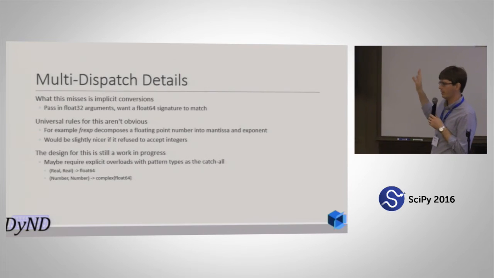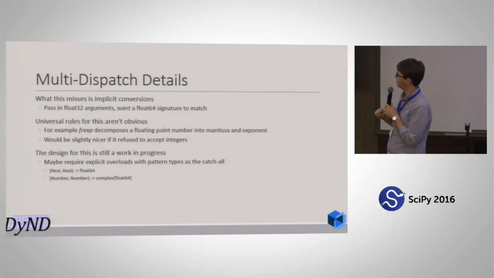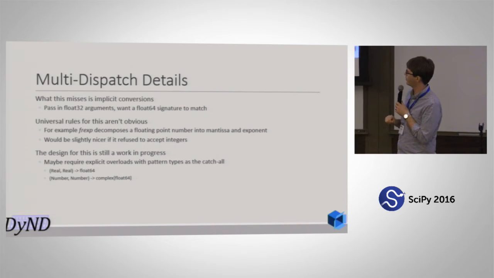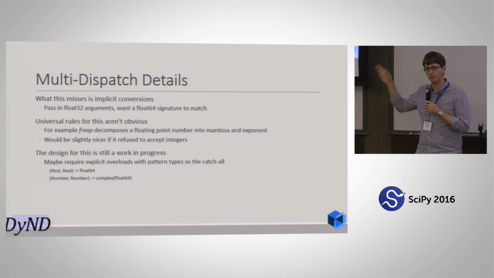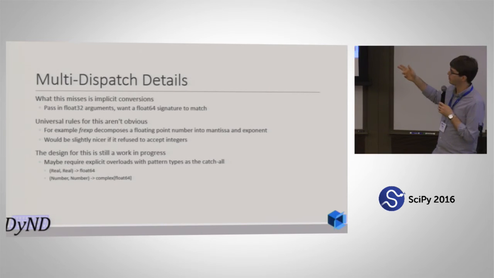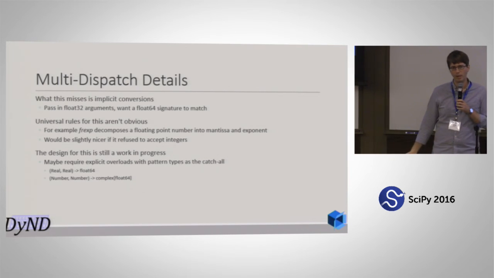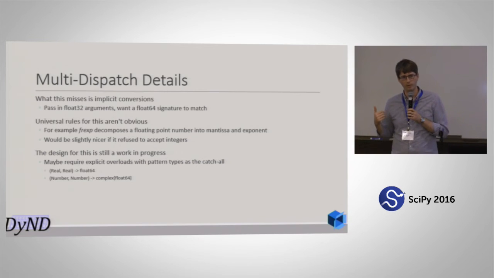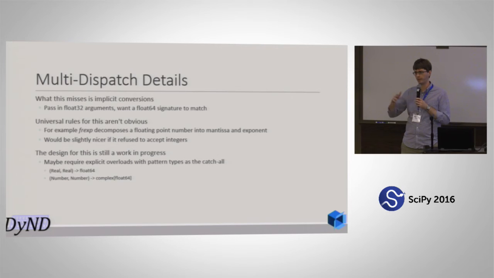It's not. We haven't fully nailed exactly what that's going to be like though. So that's still maybe a bit of a work in progress. One idea is that we have it be fully explicit as we showed, and then use the sort of kind or categories of types like real or number, and then let you say, oh, all floating points should match against this signature, and bake in some conversion code for those.